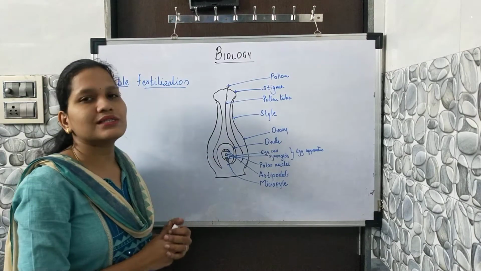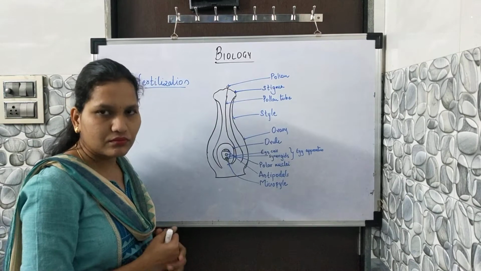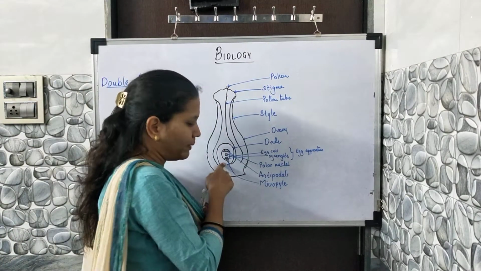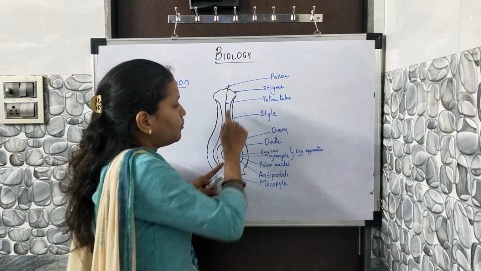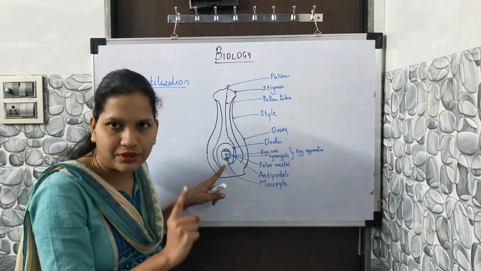Now here you can see that there are three ways by which the pollen tube can enter. One, if the pollen tube is entering through the micropylar end, you can call it porogamy.